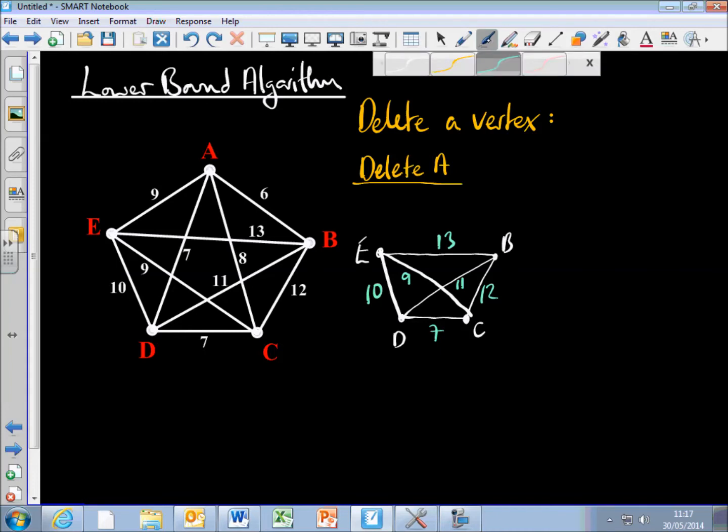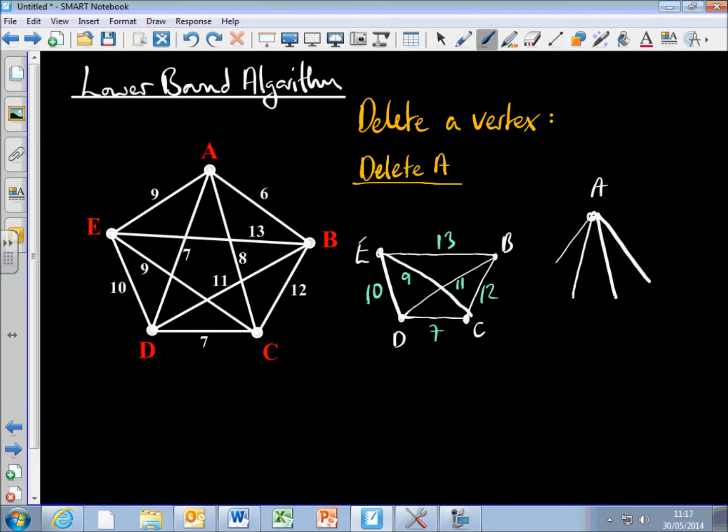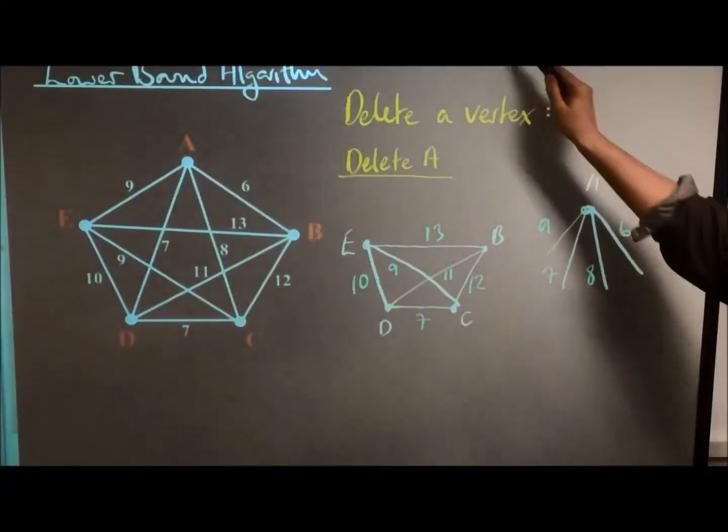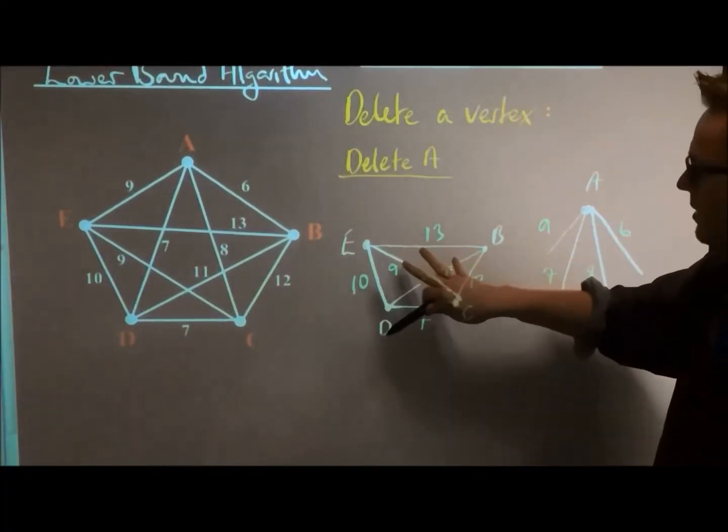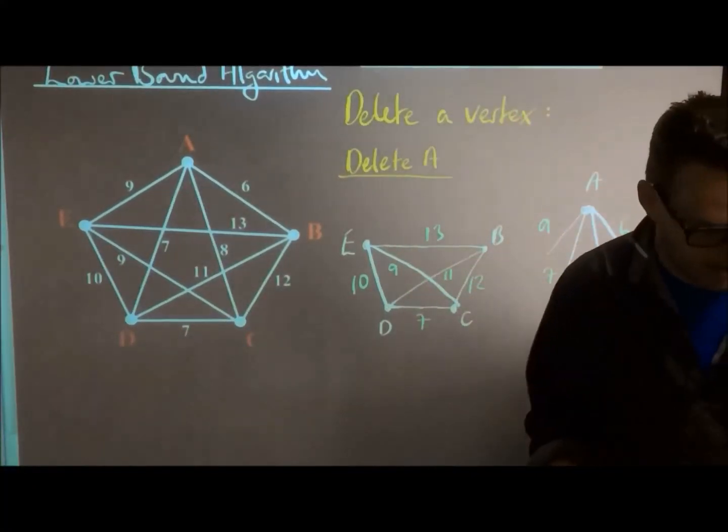And I'm going to put the A connection on its own over here. So this was A, and there were 4 edges coming off A, and they were 9, 7, 8, and 6.